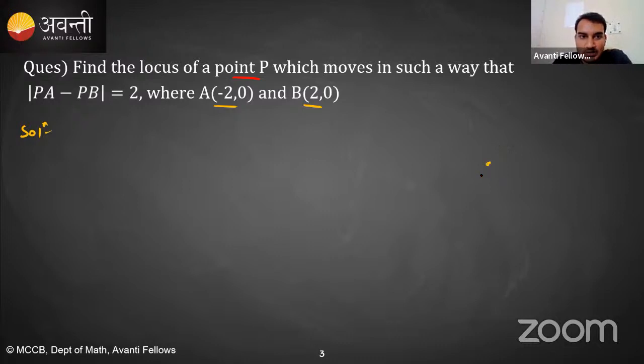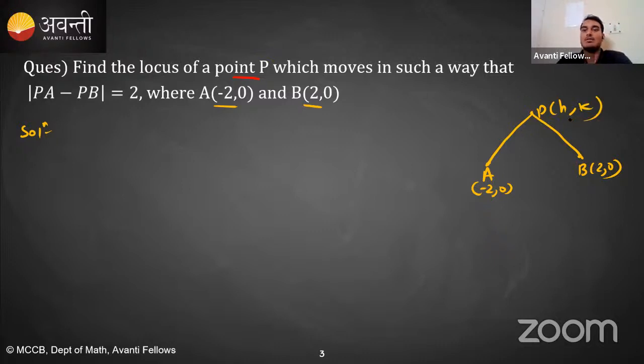Let's say there are two fixed points, A is (-2, 0) and B is (2, 0). We have to find the locus of a point P such that the magnitude of PA minus PB is 2. So again assume P as (h, k). To find the locus of point P, assume it as (h, k). Now mod of PA minus PB is given as 2.